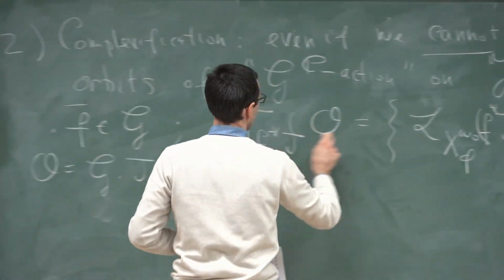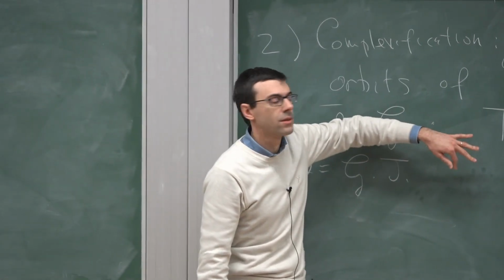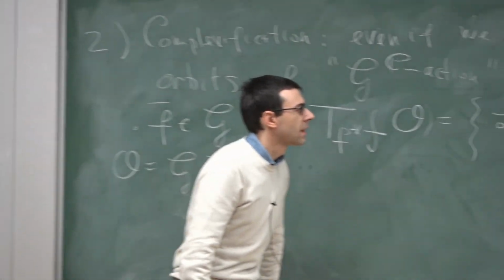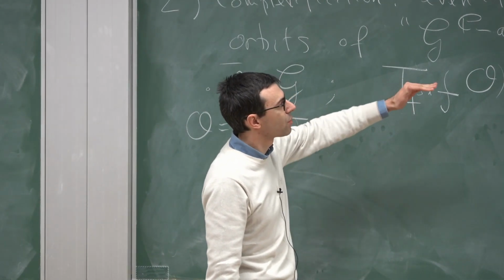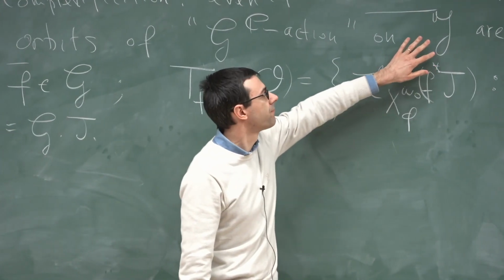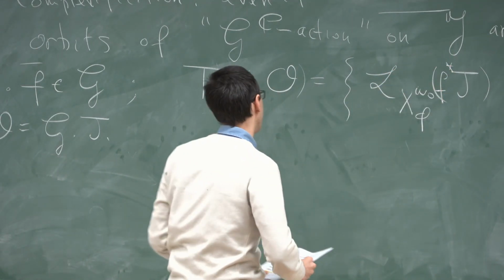So there's a well-defined, infinite dimensional of course, tangent space to the orbit of the G group action at a point. And this gives you a distribution inside the tangent bundle of this big space J, and you can complexify this distribution.